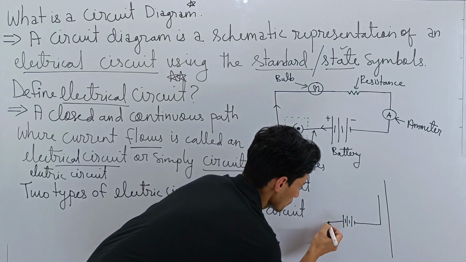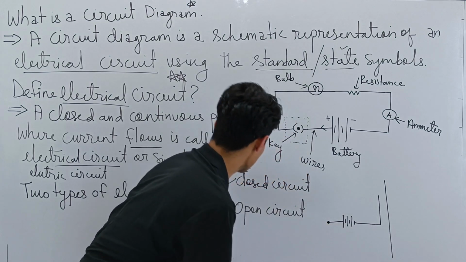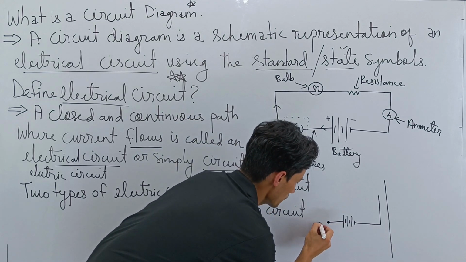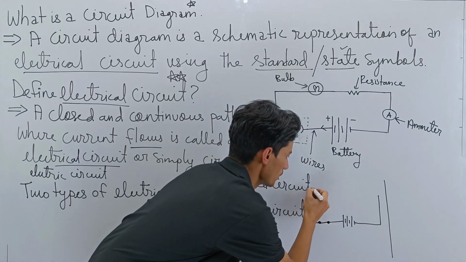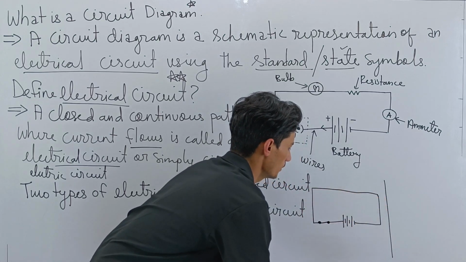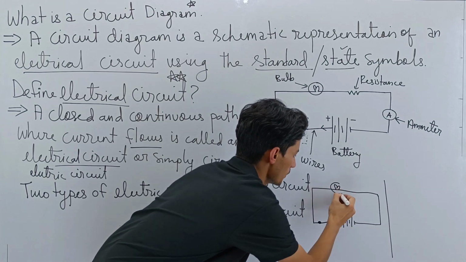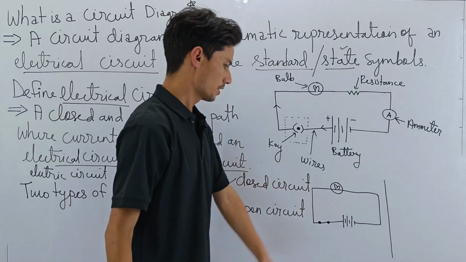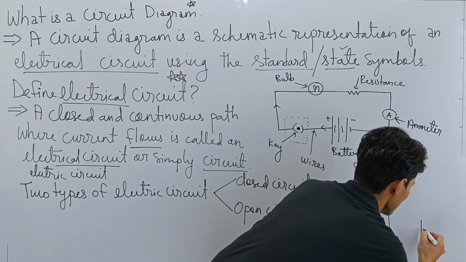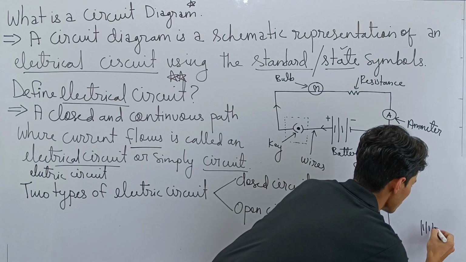So let's put a dot here. The first one I'll show you will be closed. Let's just draw one bulb here.